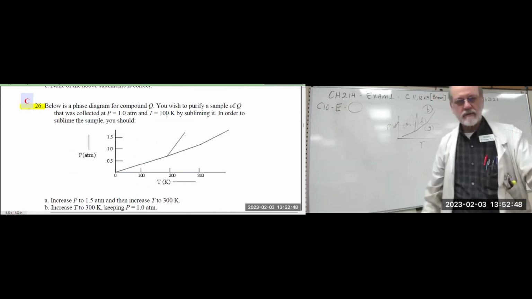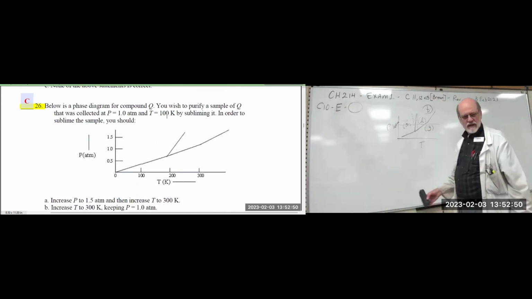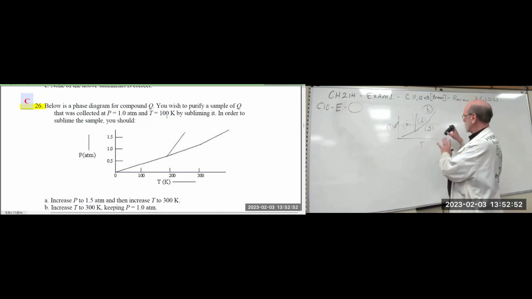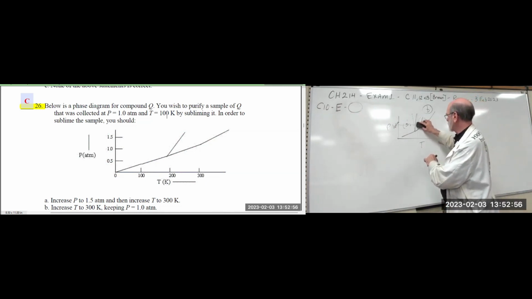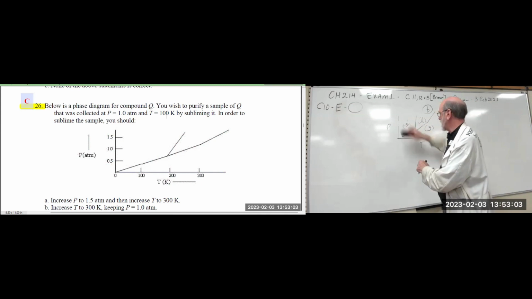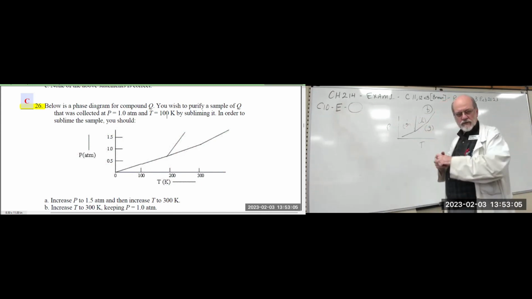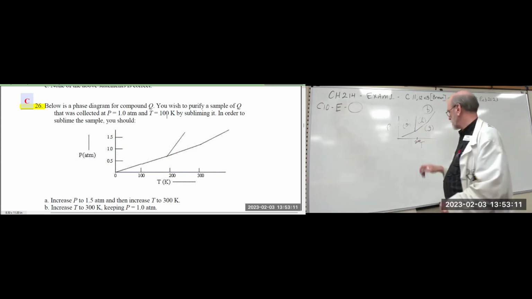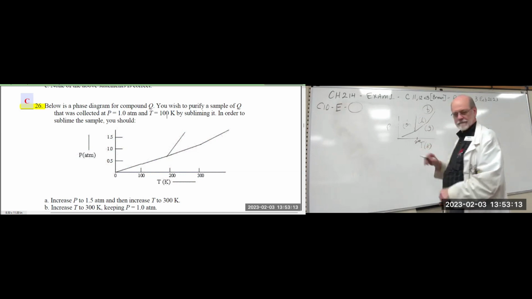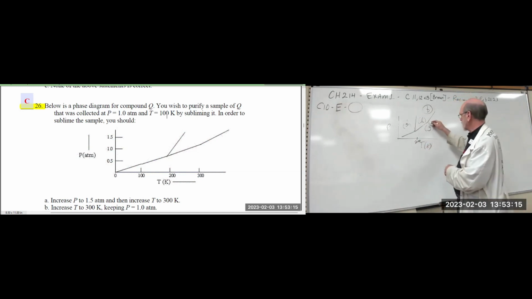Oh, got another one. Okay, let's see. We could take that out. Clean this up a little bit. Doesn't have that. But we do have, right here is about 200 K. And right about here is 300.